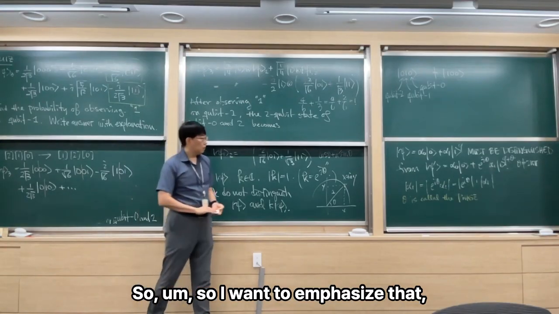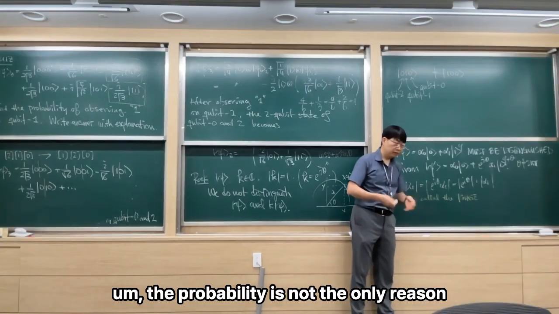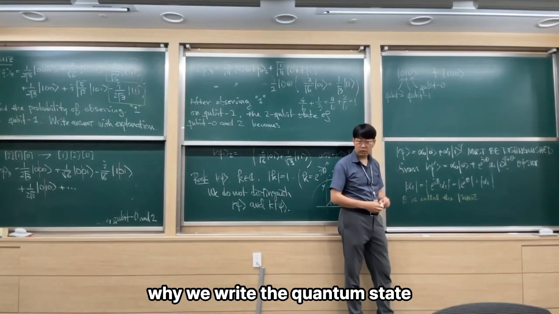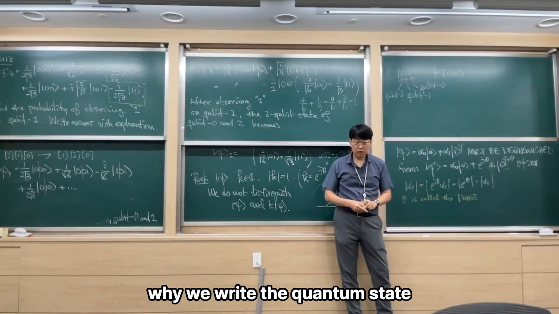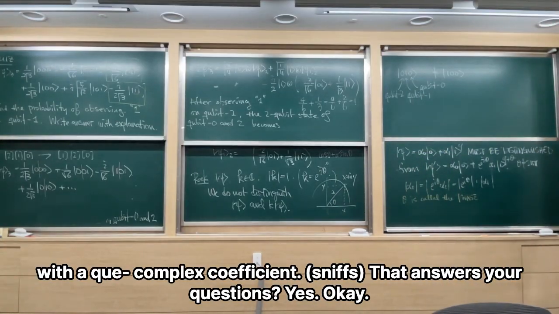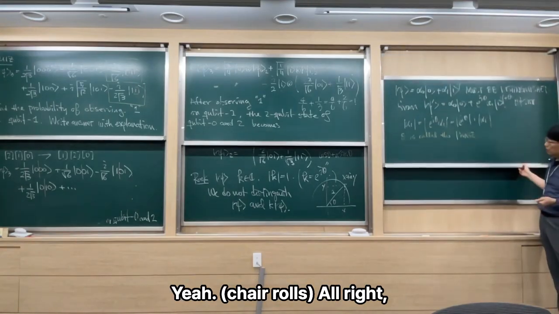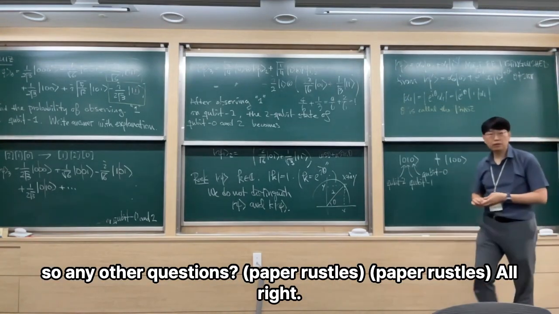So I want to emphasize that probability is not the only reason why we write the quantum state as a superposed state with a complex coefficient. Does that answer your question? Yes. All right, any other questions?